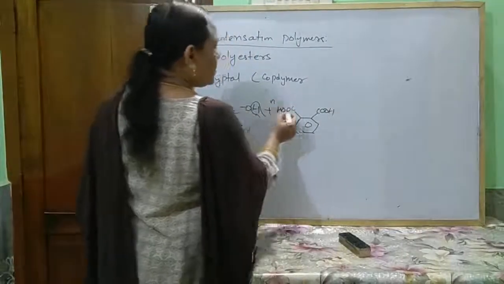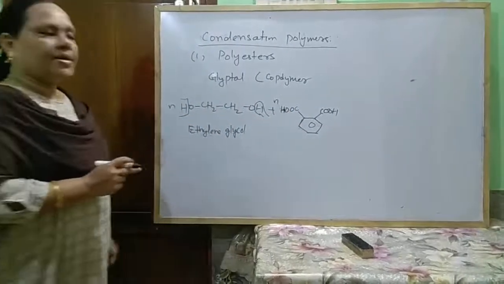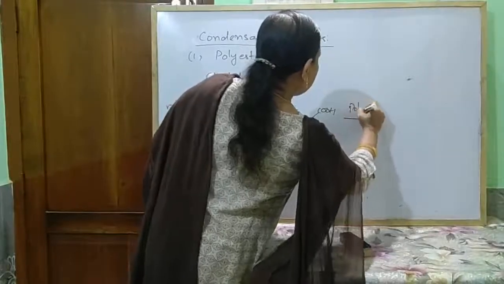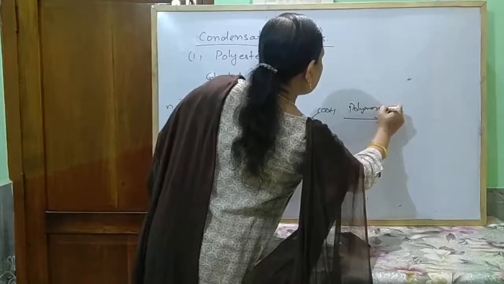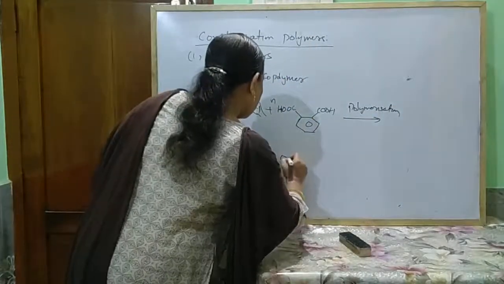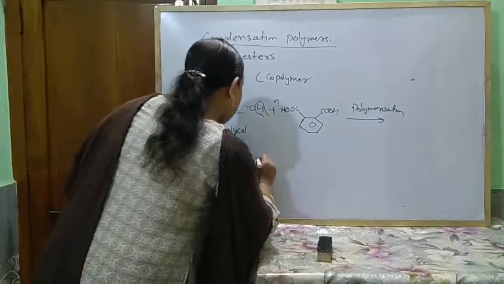N molecules of this phthalic acid react with N molecules of ethylene glycol. It undergoes polymerization to form glyptal.